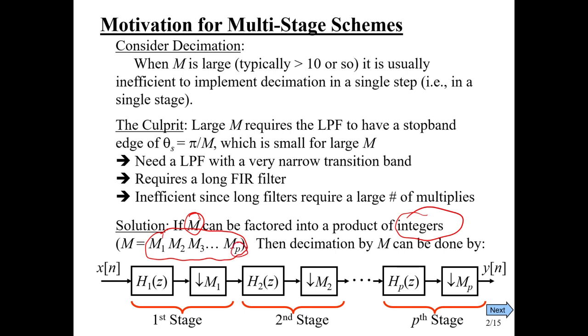So I've indicated that as P. And each of those M's does not have to be prime. We could leave some of those individual M's further factorable, but we should consider all of our options and work it all out. And I'll allude to a MATLAB command later that will do that for you.